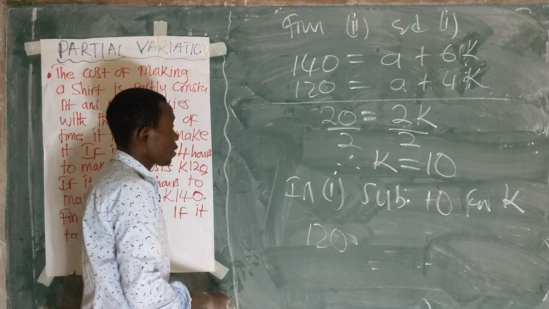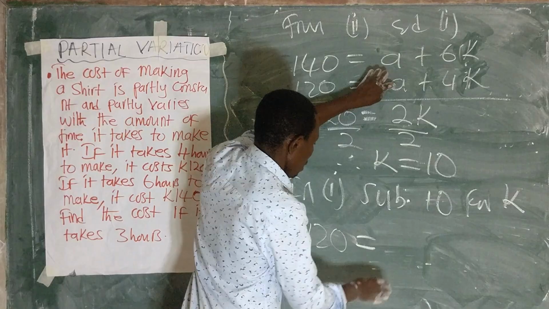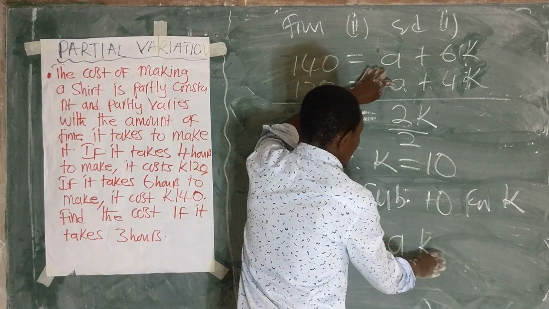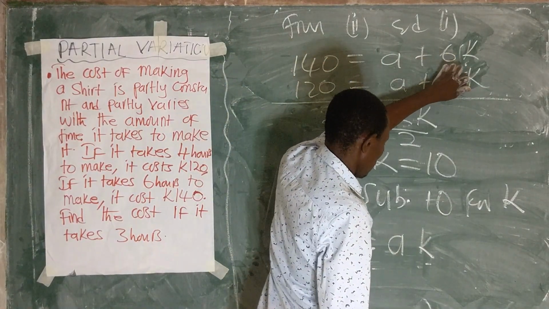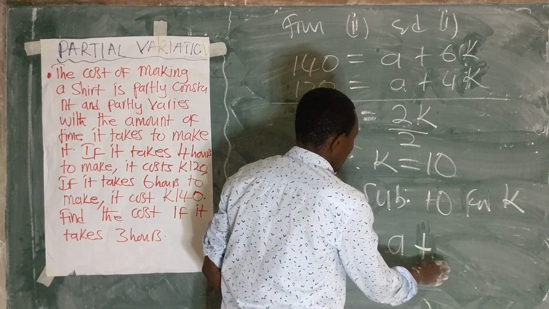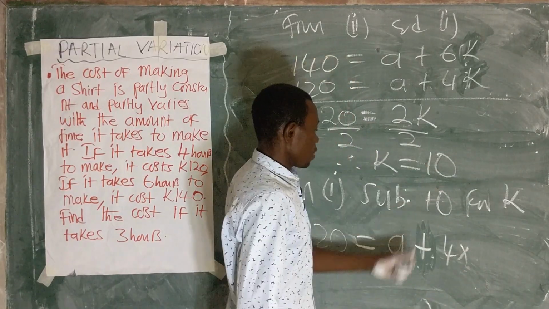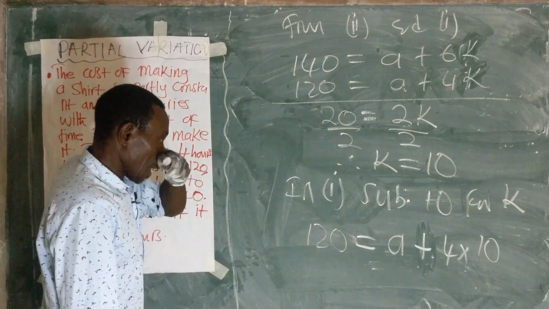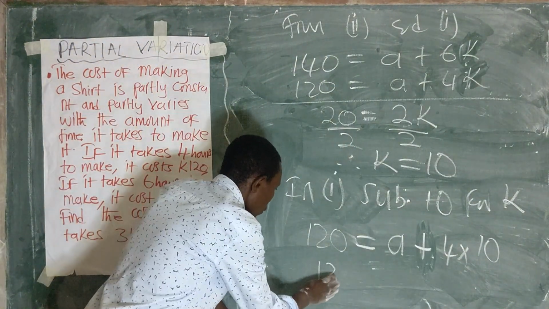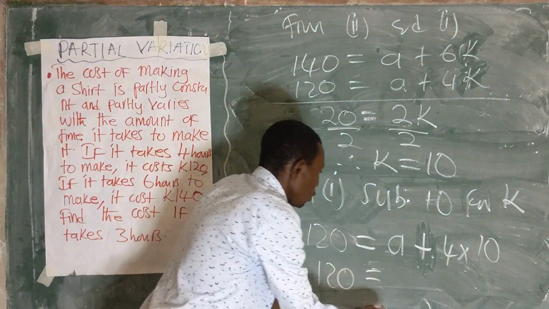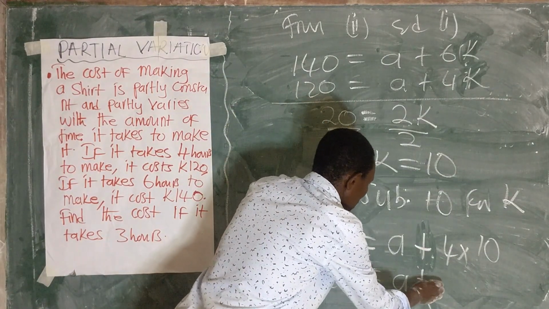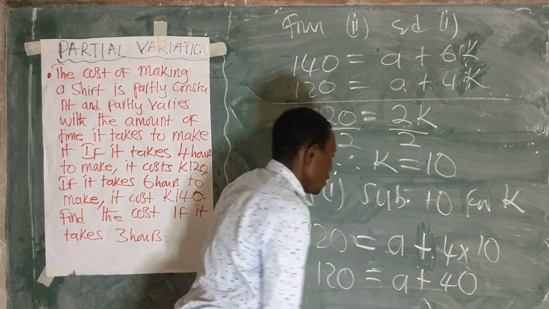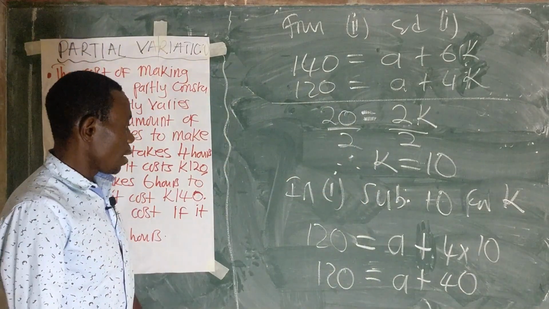120 is equal to A plus 4 times K, which is 10. So what will I have at the end? I have here 120 is equal to A plus what? That is 40. Right.